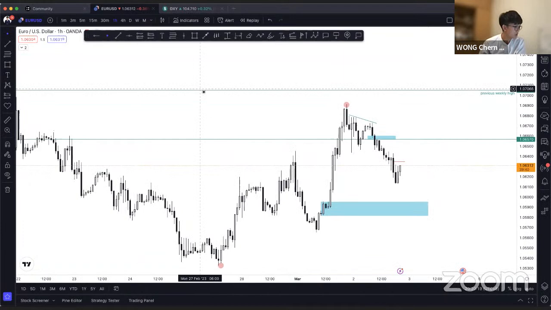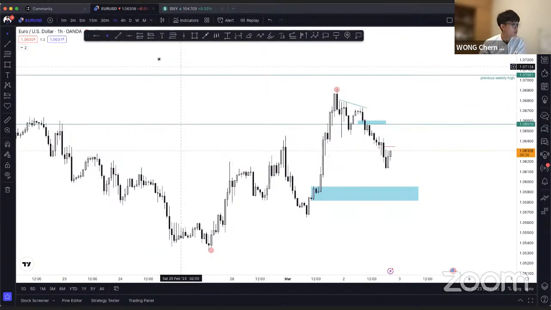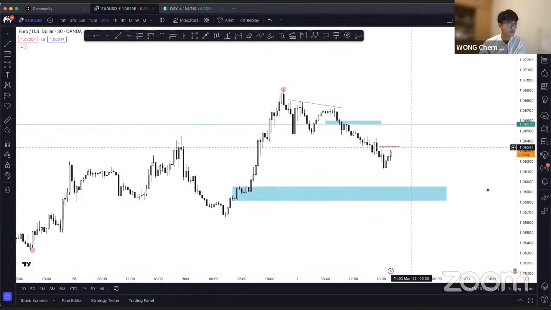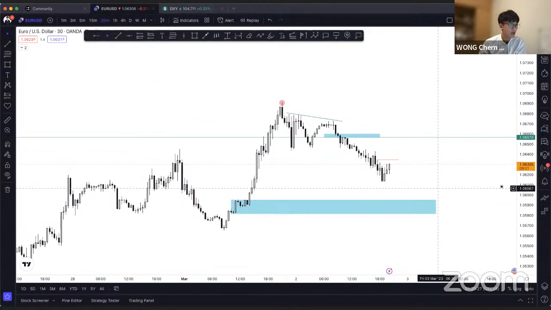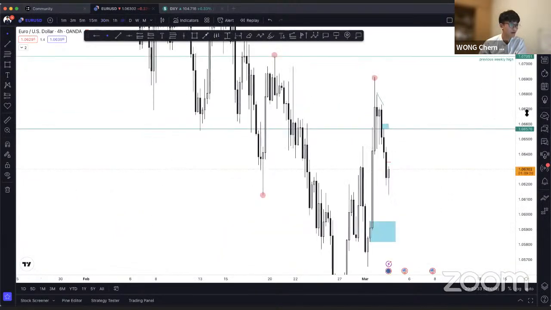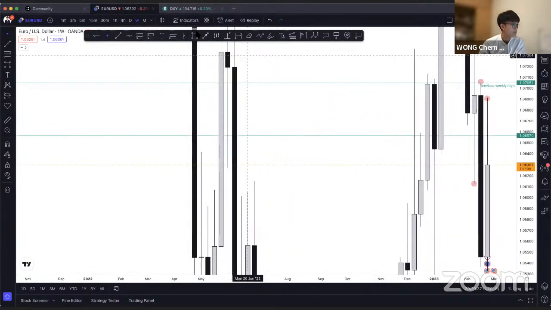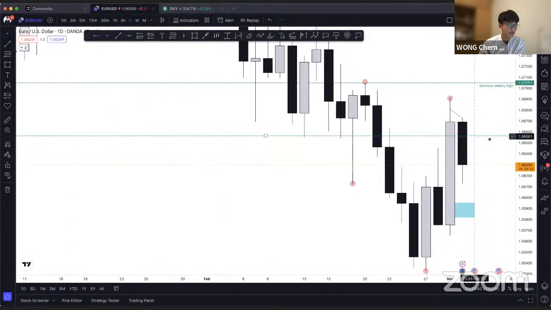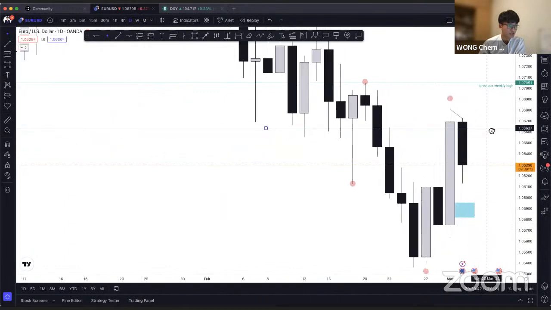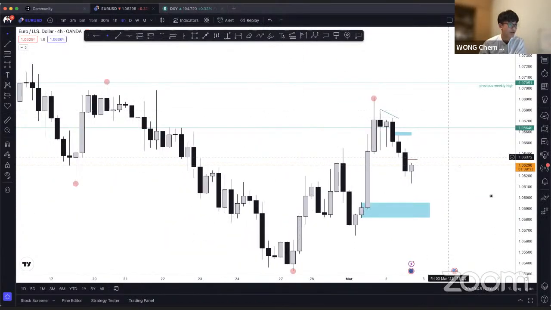If we go down to the 30 minute time frame to take a look, we see price rejecting off this area here. Sorry, not that area, or rather I would add in the previous daily candle. We see price rejecting off this area at 1.0664, around that area.